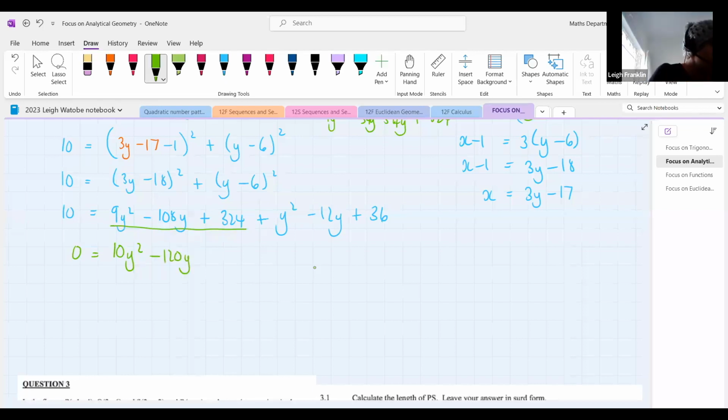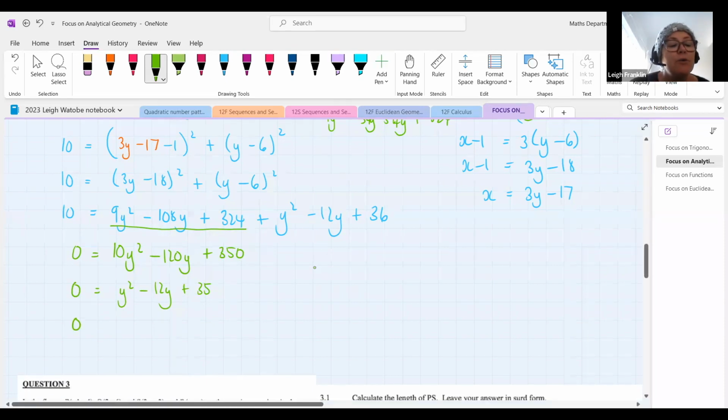And then I've got 324 plus 36 minus 10, so that gives me 350 at the end, when I've put it into standard form. To make life easy for myself, I'm going to divide through by 10. And that should be easy for me to factorize now.